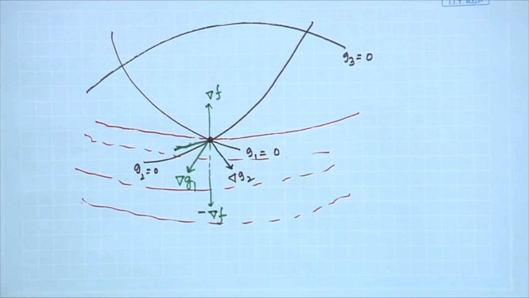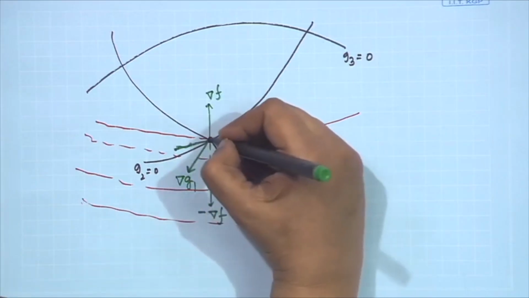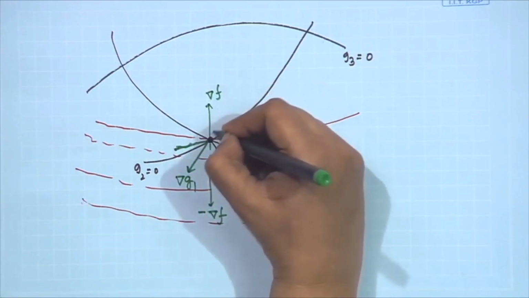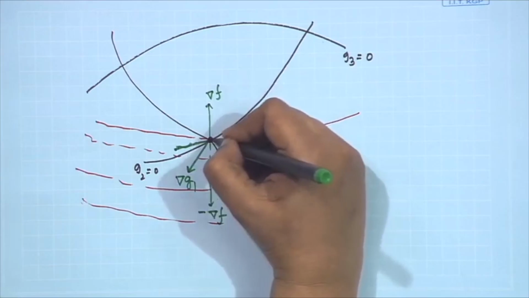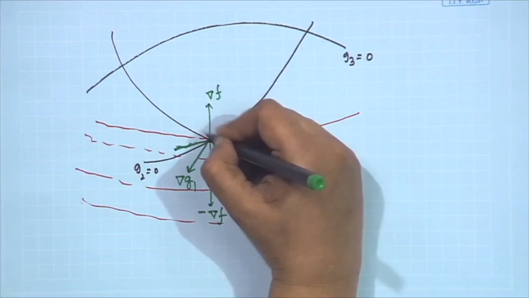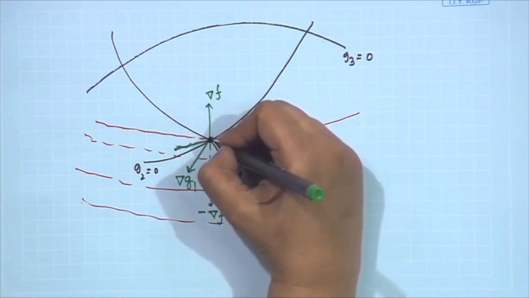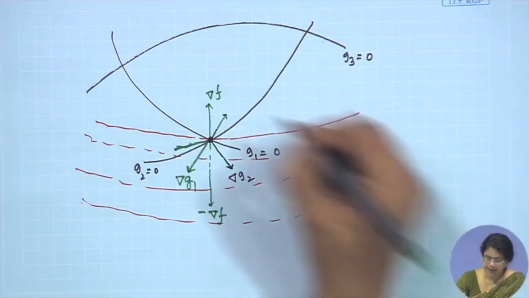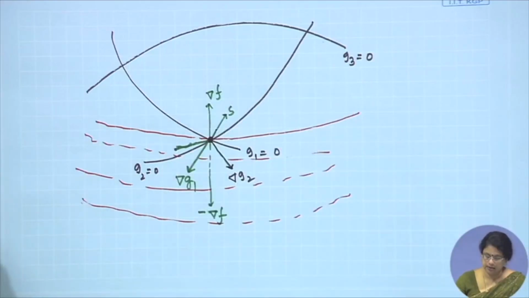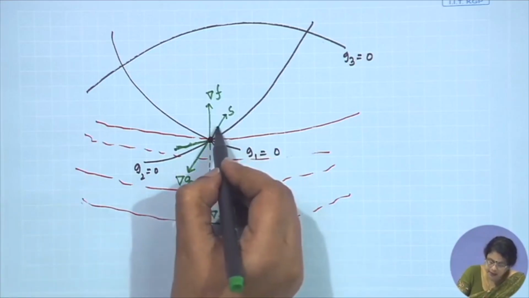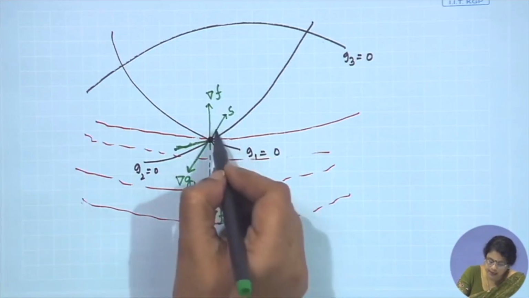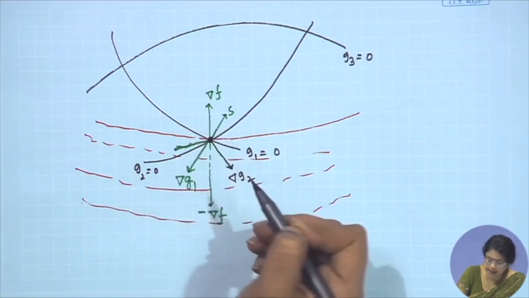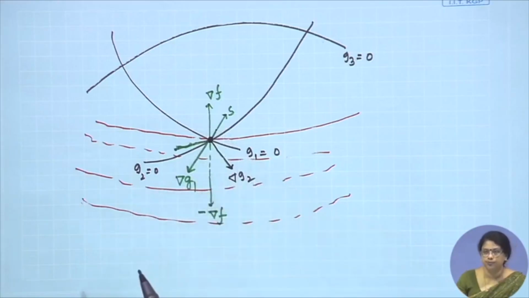All right. Now, from here, this is the feasible direction. From this point, if I move this way, this is the feasible direction. If I consider one of the directions as S, then we can say that S is making an acute angle with minus grad f and S is making an obtuse angle with grad of G1 or G2.